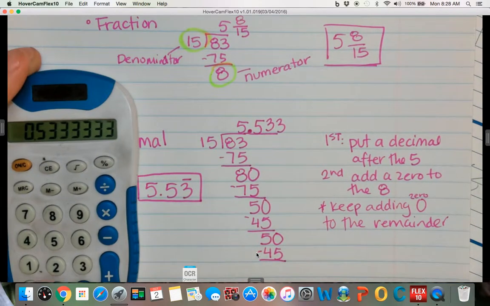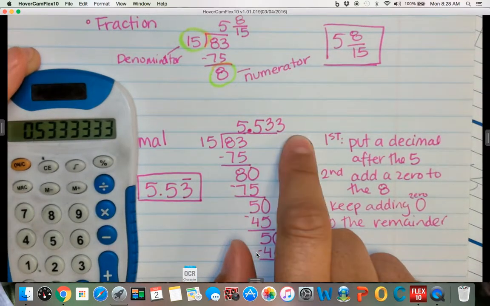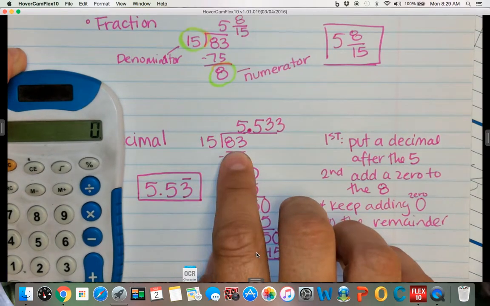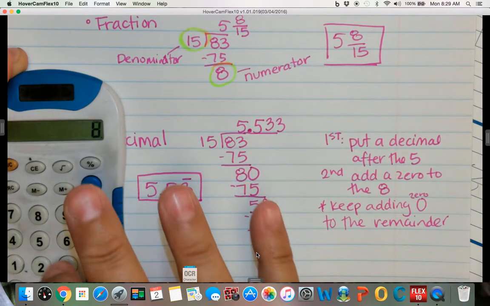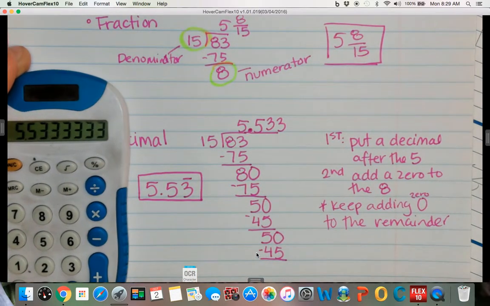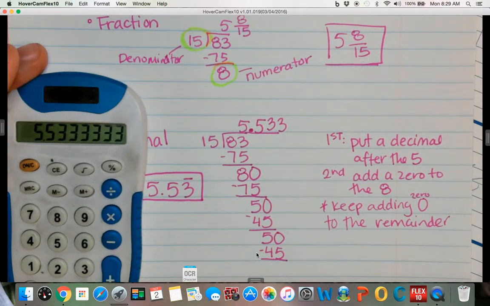And you'll see I have 0.53 and the 3 keeps repeating. I'll show you also 83 divided by 15. 5.53 repeating. So there's our answer. We're correct.